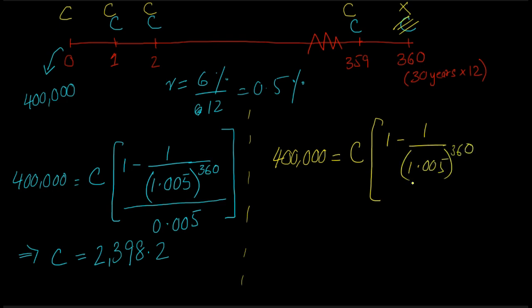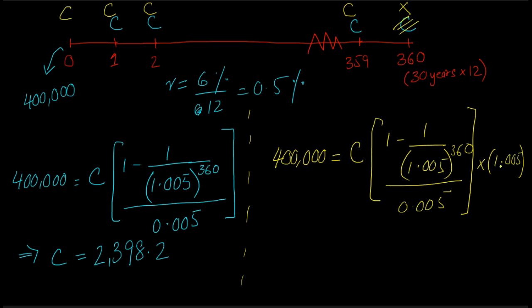All of this the same as before. You divide by 0.005 again, but with an annuity due formula, all of this gets multiplied in addition by 1 plus R, which in this case would be 1.005. And so now you again need to solve for C.